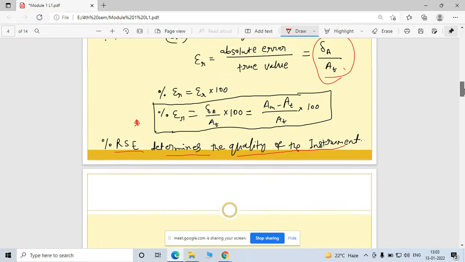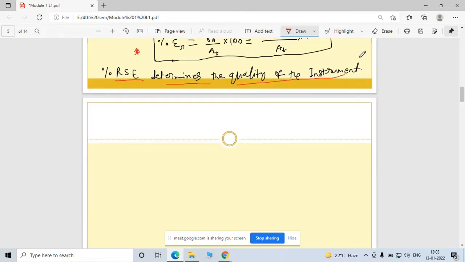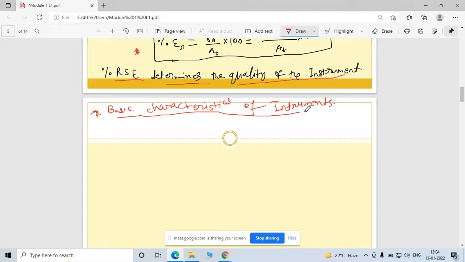Now the basic characteristics of the instrument. If I decide on some instrument for measuring some quantity in a particular device, I am interested in focusing on this topic.